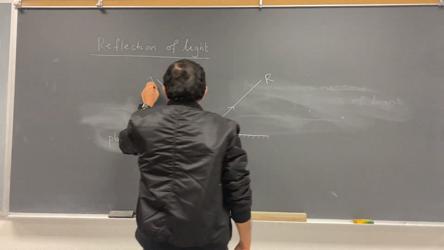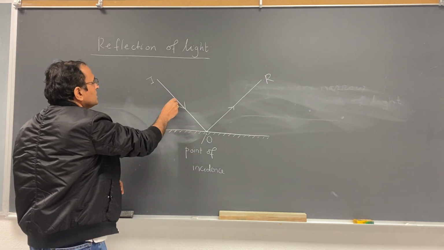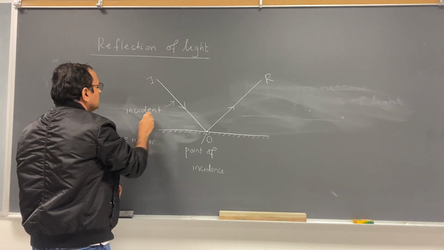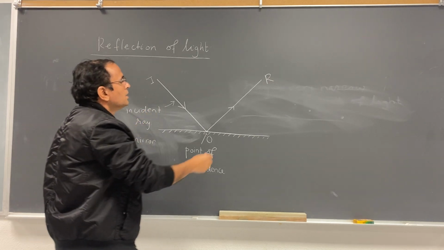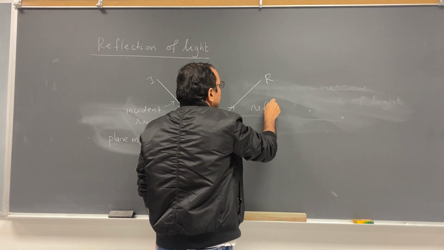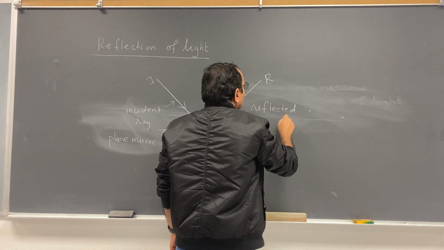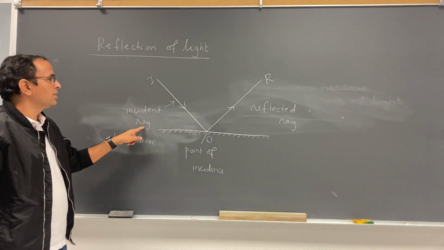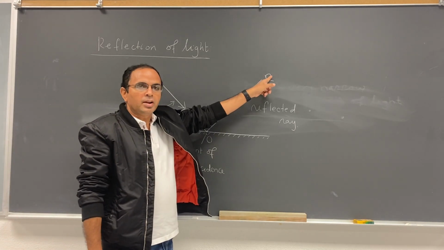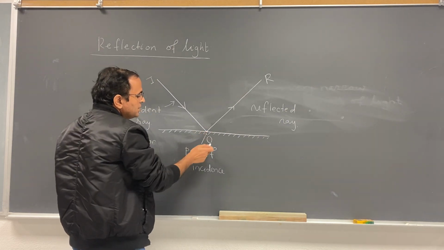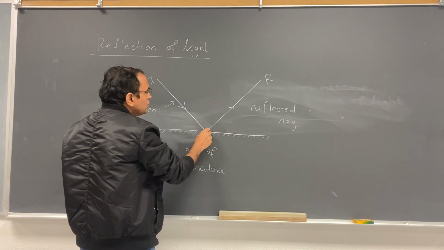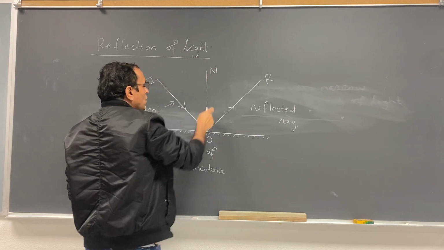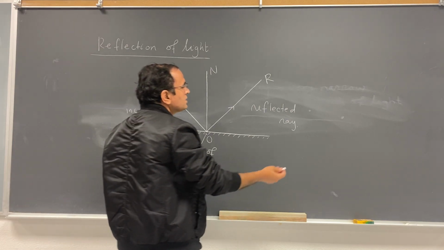And here you can see this is the ray. This is called the incident ray. OR is your reflected ray. Everyone look here. IO is the incident ray, OR is the reflected ray, and right there at the point of incidence, point O, you can draw the normal. This is the normal, ON. Here, ON is the normal, okay?